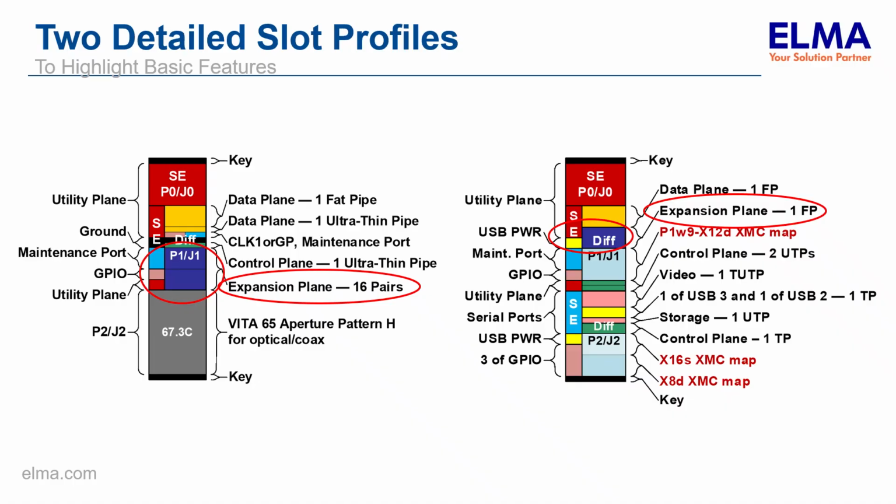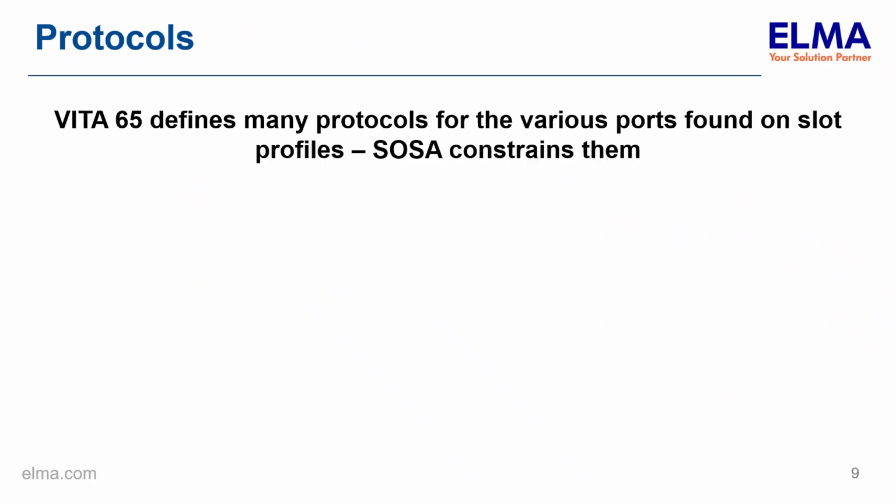While other ports also have various protocols defined, for this video we will focus only on these 3 primary communications ports. VITA 65 defines many communications protocols for the various ports found in the slot profiles defined by the standard. The SOSA technical standard constrains those to a much smaller set of protocols to enable better interoperability.